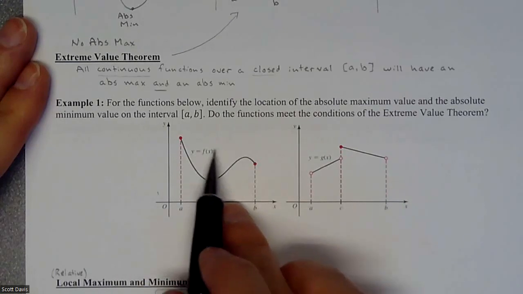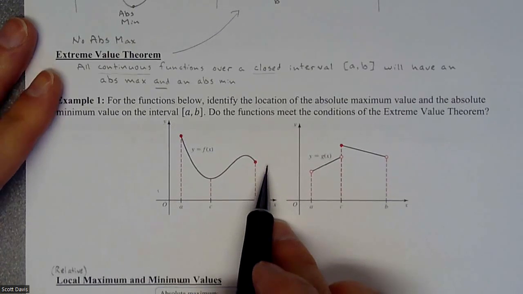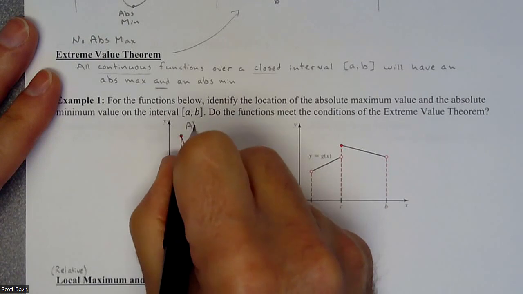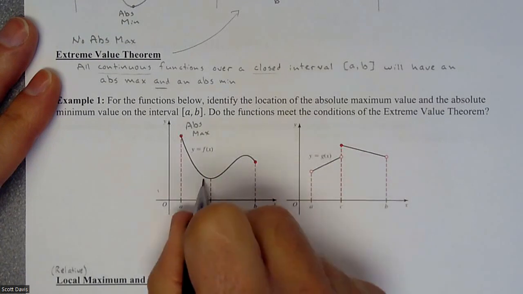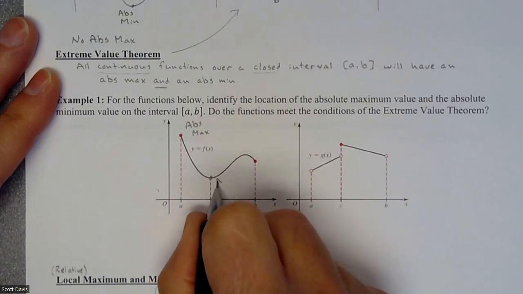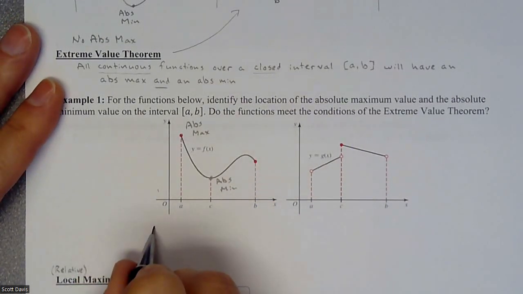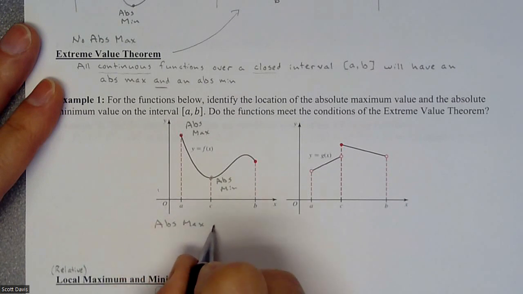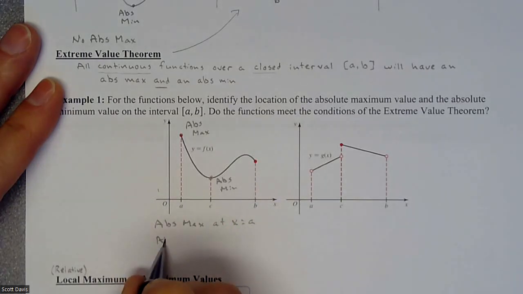So because of that, we're going to have an absolute max and an absolute min.